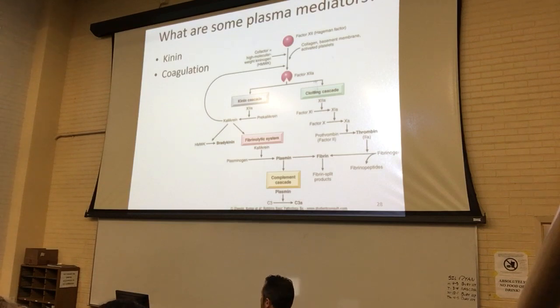Okay, so let's just walk through it real quick. Factor 12 is at the top, the Hageman factor. It becomes factor 12A when the basement membrane is exposed. And when you're playing Queen of Swords, or King of Swords, gentlemen, but in my house it's Queen of Swords, and there's a cut, now the basement membrane is exposed, and collagen on the basement membrane turns this into factor 12A.